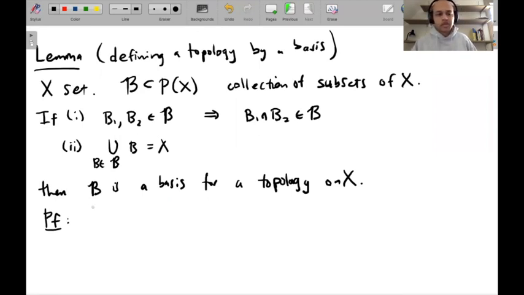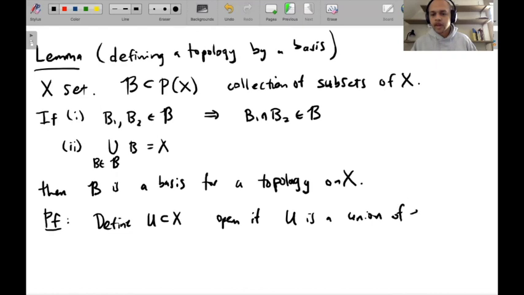Well, there's a natural thing to do. So let's define U in X open if U is a union of elements of B. Okay, so now what we have to do is check that this defines a topology.